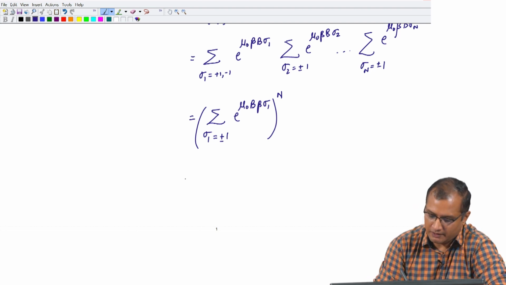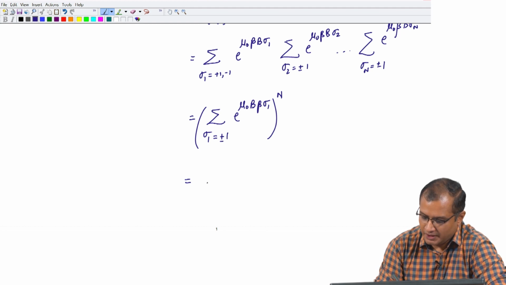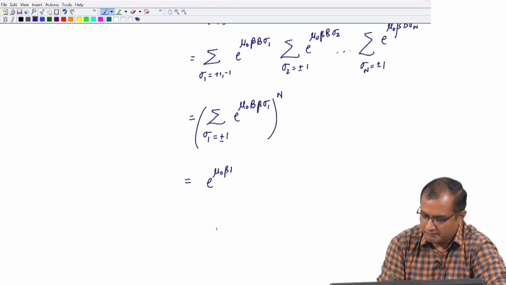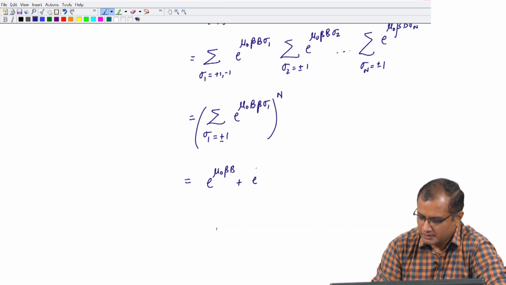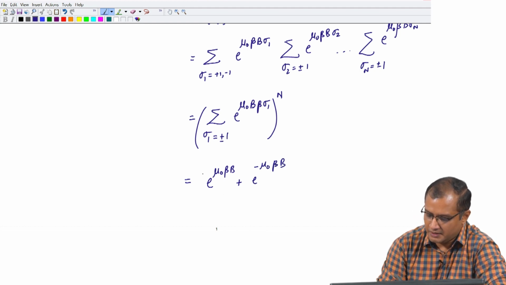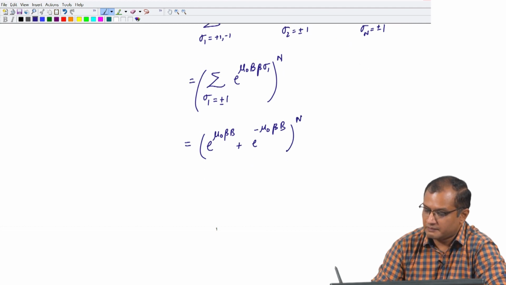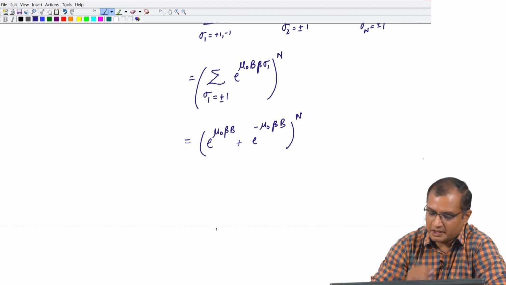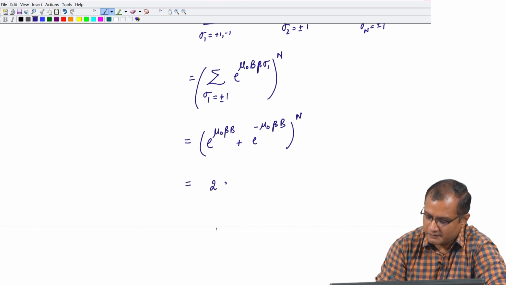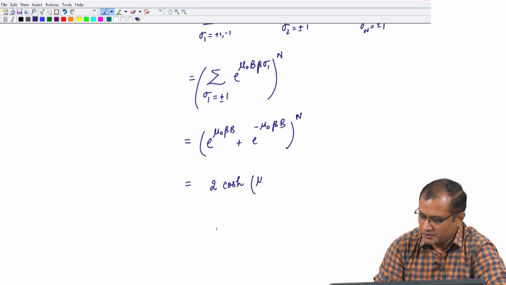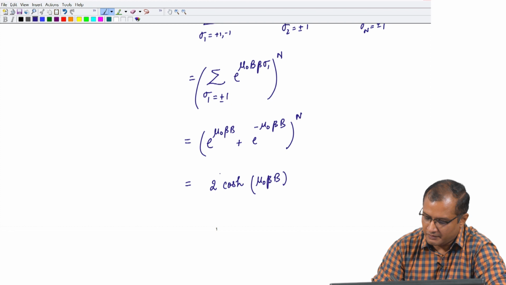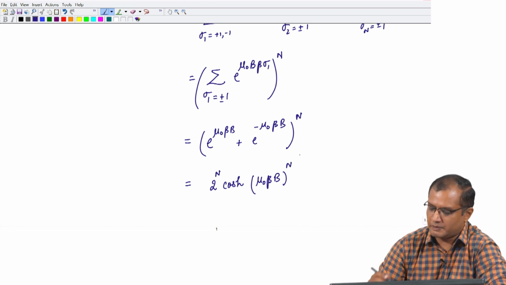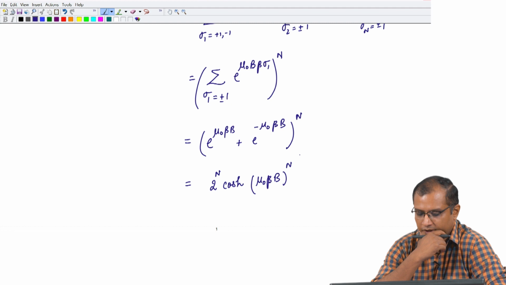Now, you can write it simply as e to the power mu 0 beta B plus e to the power minus mu 0 beta B, the whole to the power n, and this is nothing but twice the cosine hyperbolic of mu 0 beta B to the power n. So, I am going to write it as 2 to the power n and cosh to the power n, fine.